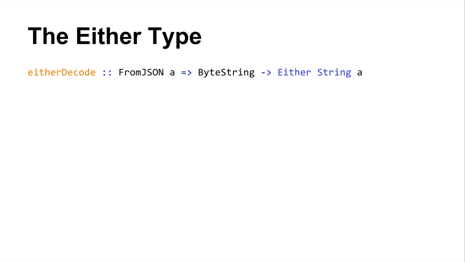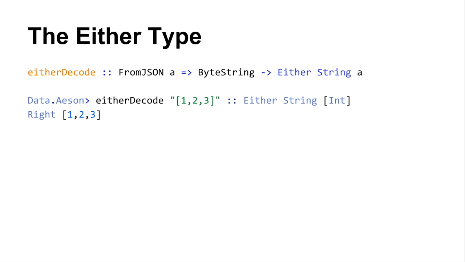Either type you're also familiar with. eitherDecode is a function in Aeson. It allows us to go from a value of type ByteString to Either String A, where A is a type that instantiates FromJSON. So this allows you to decode a ByteString into some type.